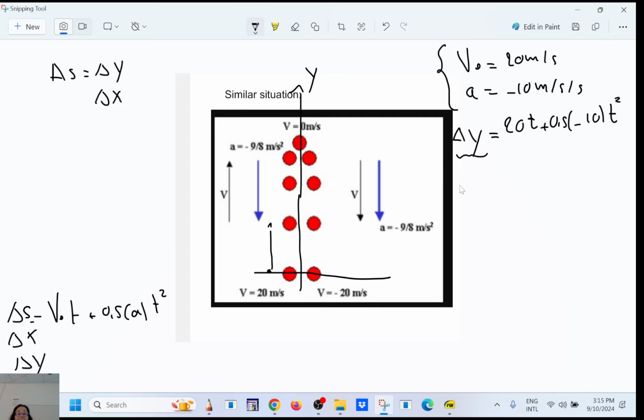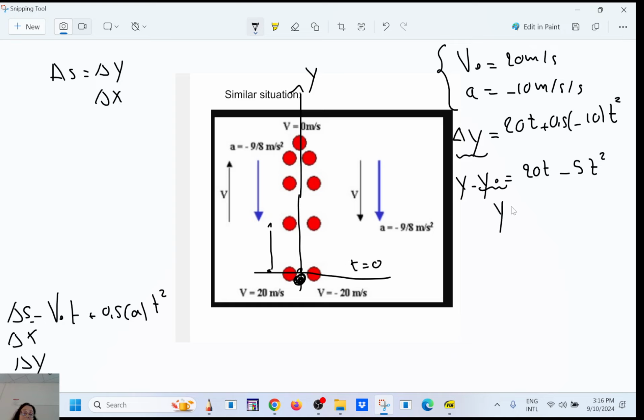So this means final position minus initial position equals 20t. Half of 10 is what? Right. 5, so negative 5t squared. And what's the initial position here? When you start your stopwatch? Yeah. 0.